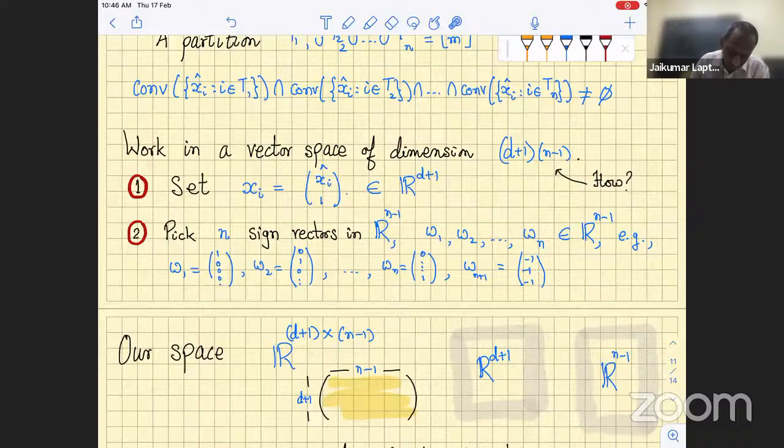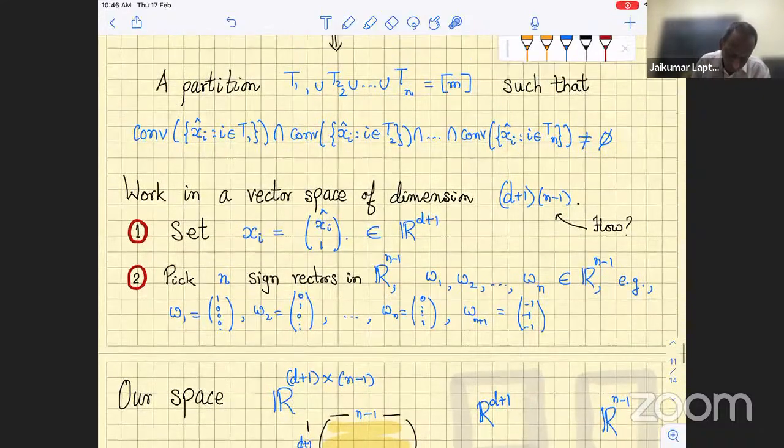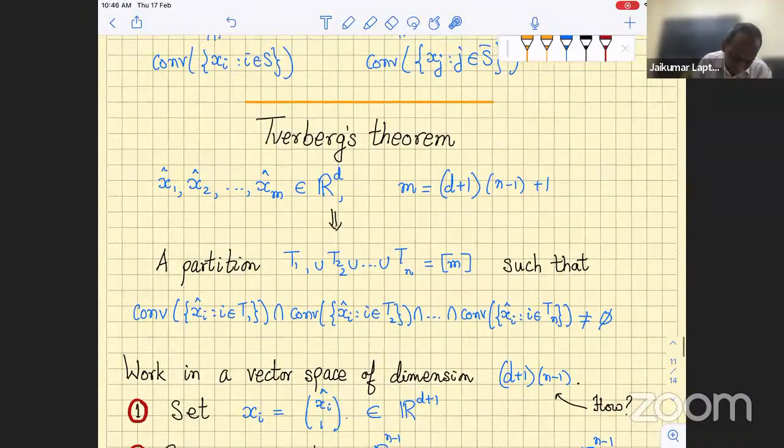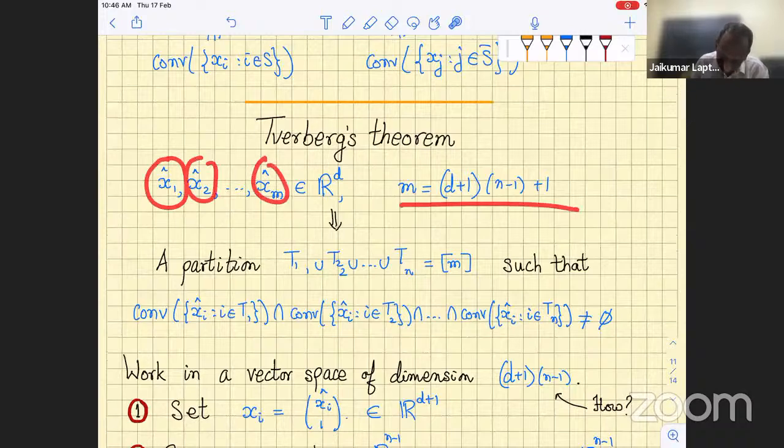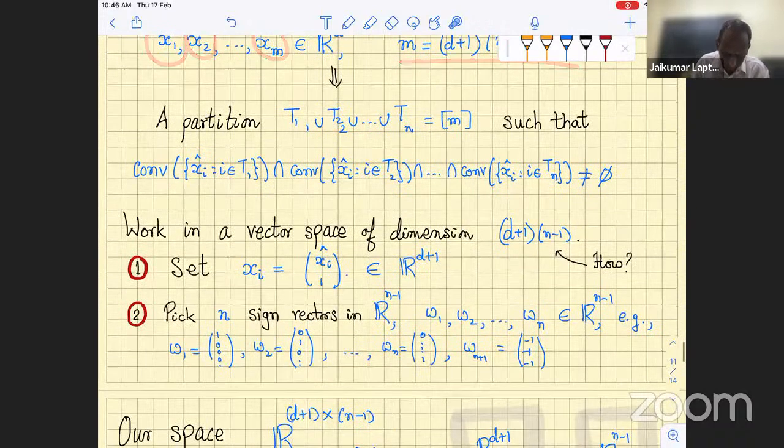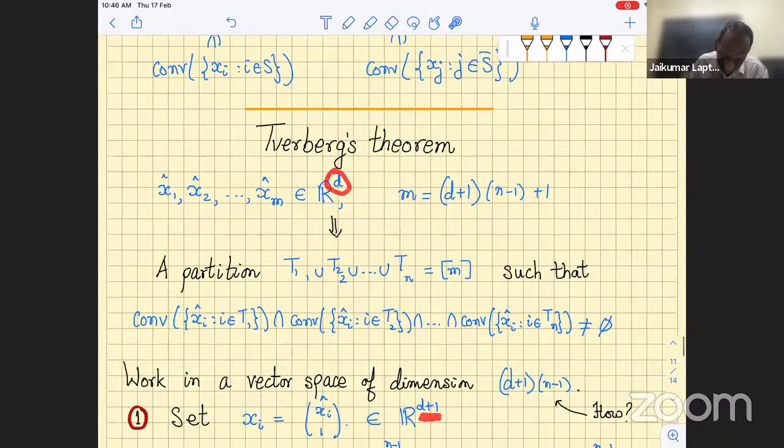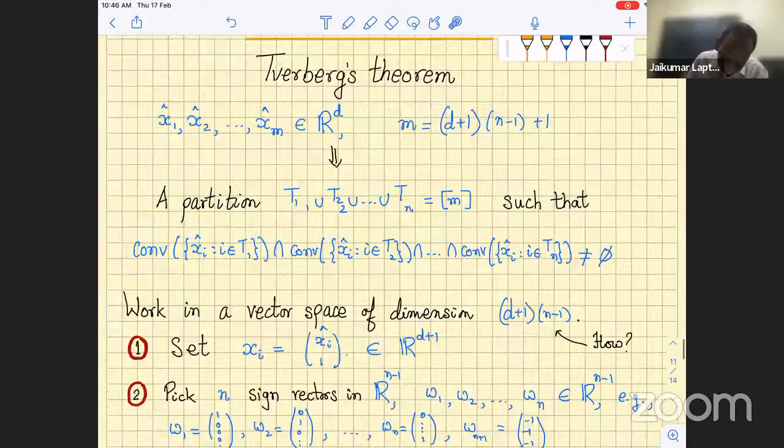He says, first of all, take your points. I have purposely called them x1 hat, x2 hat, xm hat, where m is this number, and put them on the ceiling. So now you are living in a space of dimension d plus 1. They were originally in d. There is d plus 1. Okay, so at least the number d plus 1 seems to be showing up. What linear algebra argument will give us this number? So first check that.